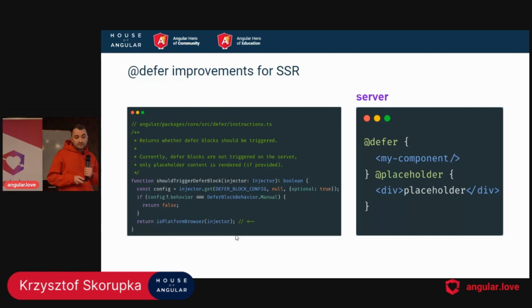And in fact, if the Angular team decides to proceed with the approach with these subtrees, then this could be a pretty good fit to be a foundation for the whole feature. So if they go with these islands, then things are getting complicated, and this probably will not be able to serve this purpose. But if they go for the solution with just the subtrees, then yeah, this could be the right choice. You can see these two fit pretty nicely together.